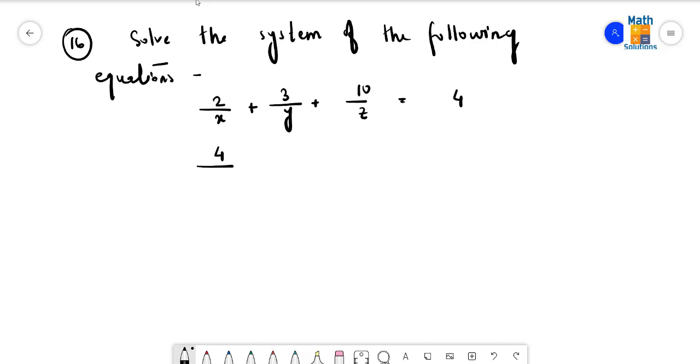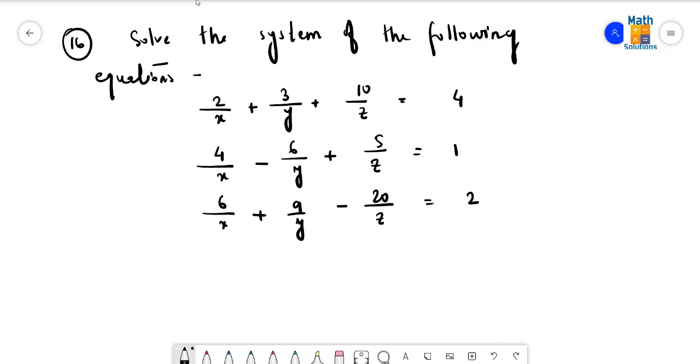Then after, 4 by x minus 6 by y plus 5 by z is equal to 1. Then after, 6 by x plus 9 by y minus 20 by z is equal to 2. So here in this case we shall do what?